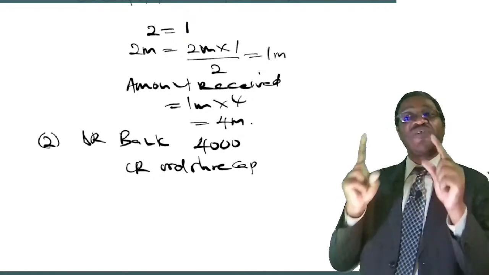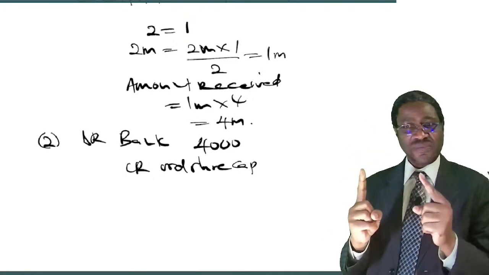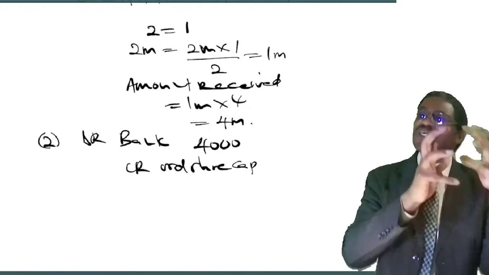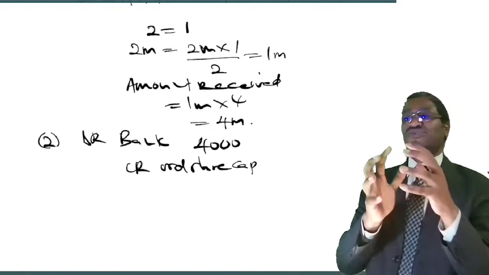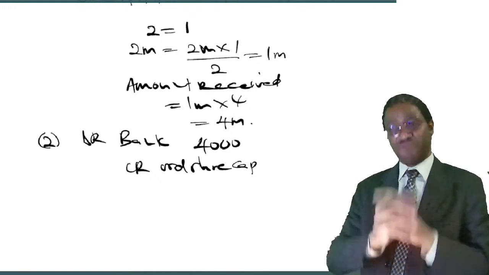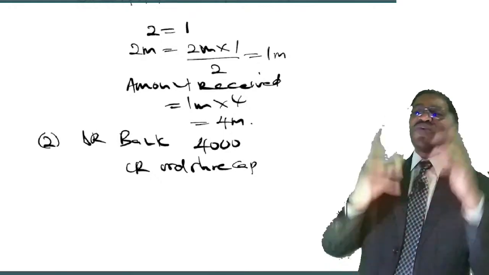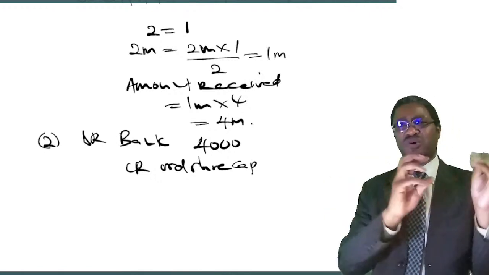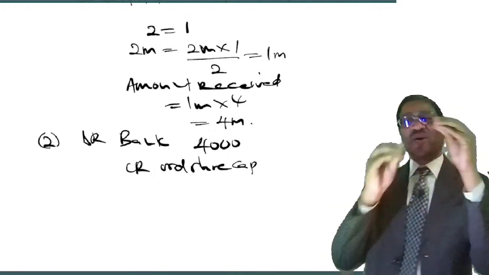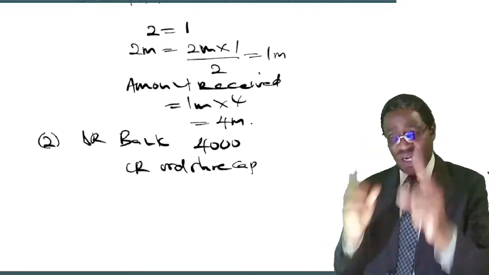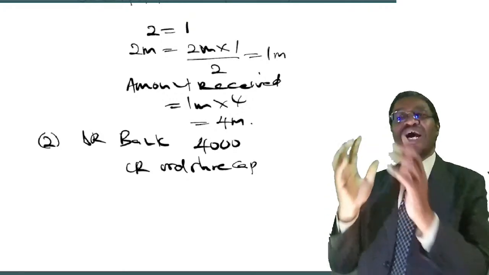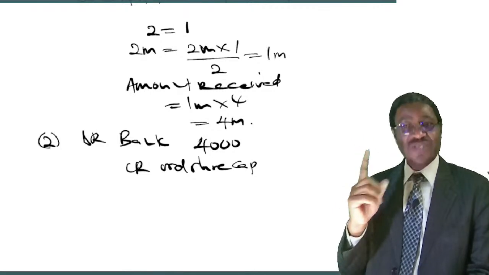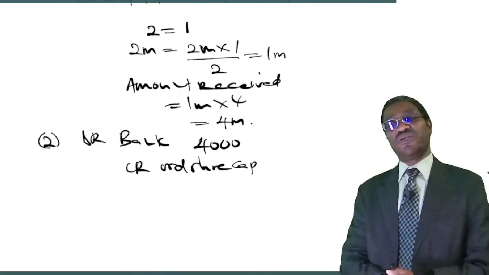That way he would have given you a hint. But he's saying 1 share was redesignated to a share of 2.5. Fine. Then we are concluding that we issued 1 million shares, because for every 2 we issued 1. What about for 2 million? We issued another 1 million, at 4 shillings. So we received this 4 million.